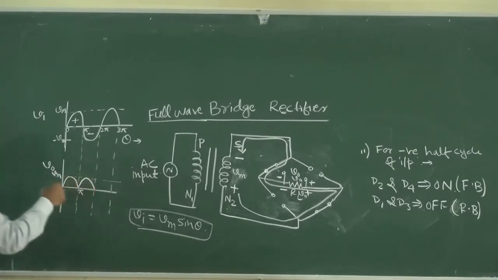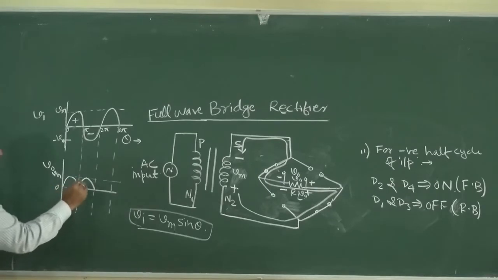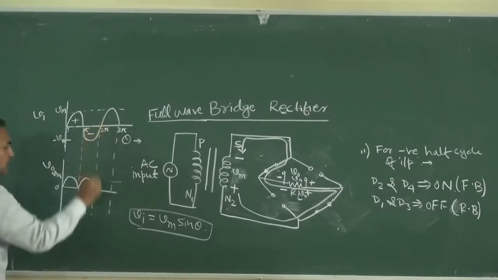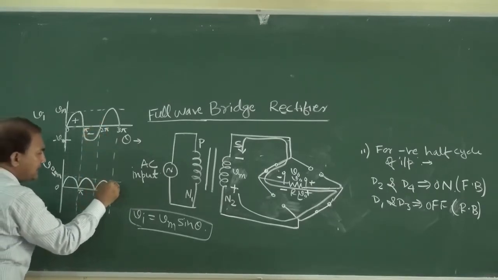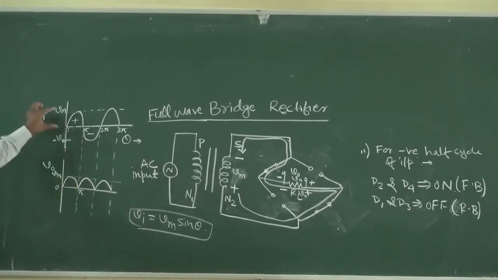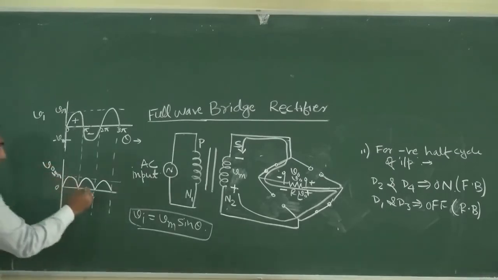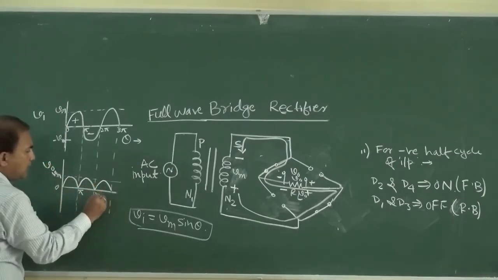So we can draw the output waveform like this. Similarly, the input will be like this. Here it is Vm, this is also Vm. In this way we can draw the output waveform.